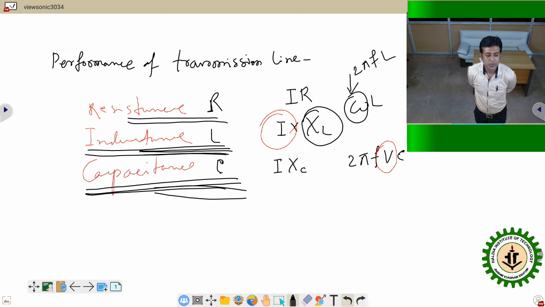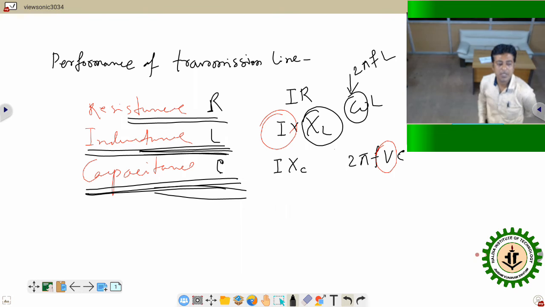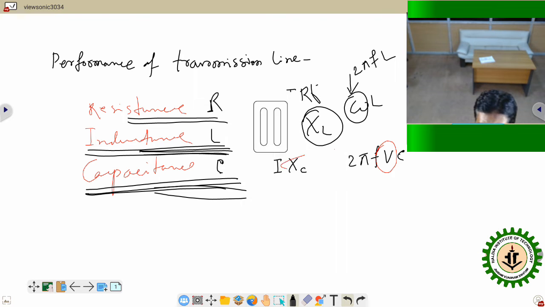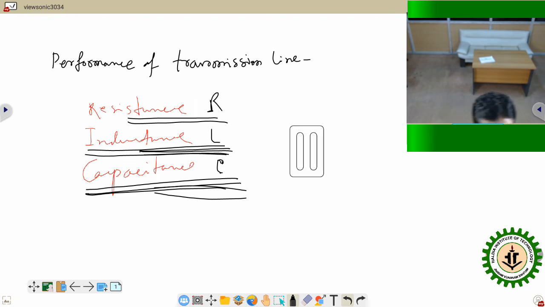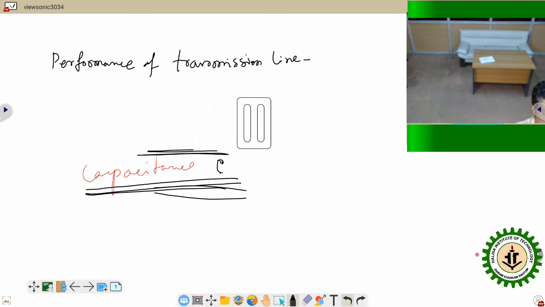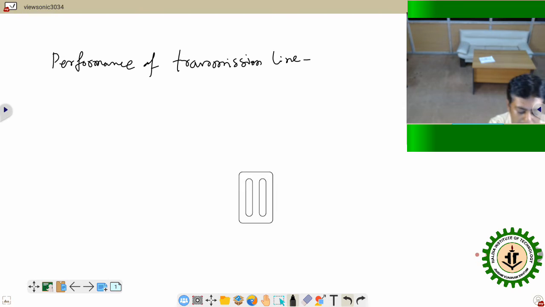Before going to the calculation of resistance, inductance and capacitance, and the performance of the transmission line, first of all I will give the details of the different types of transmission line based on their voltage level and length. Number one, the short transmission line.